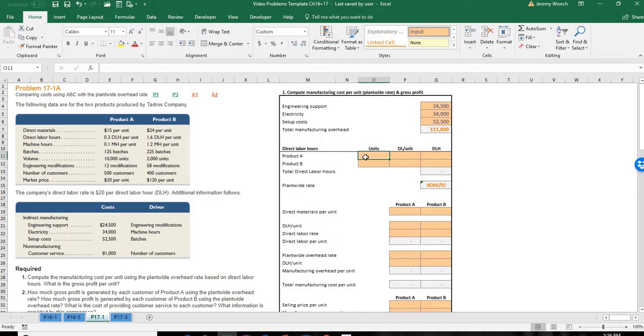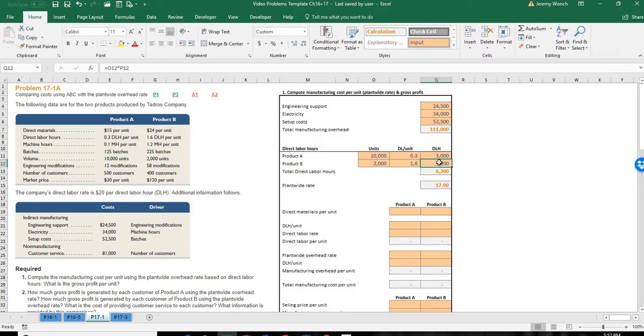Okay, product A, product B. We do 10,000 units of product A and 2,000 units of product B, and then it tells us that we have 0.3 direct labor hours per unit for product A, and we need 1.6 for B. So the total direct labor hours required for all of product A is 3,000, and total direct labor hours for product B is 3,200.